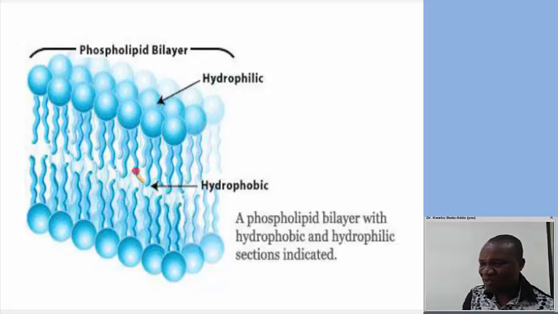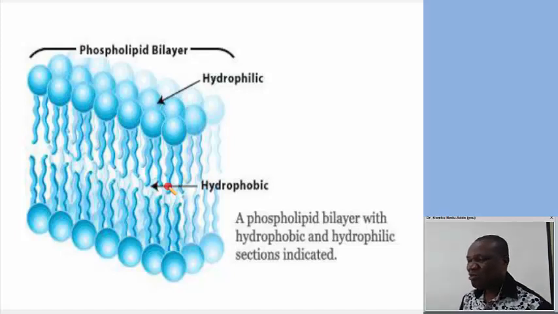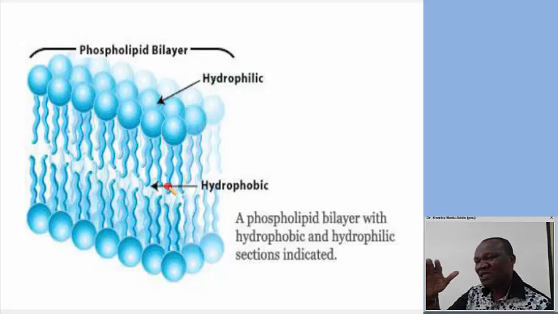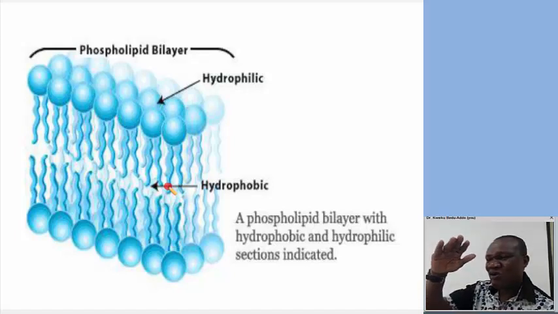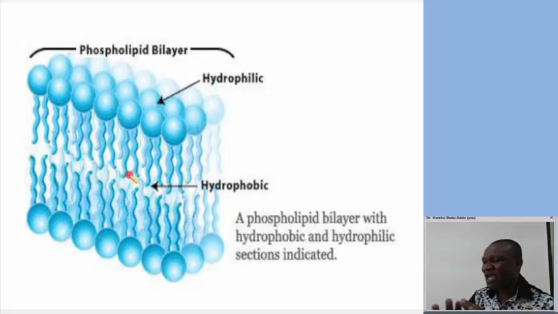The fatty acid tails are hydrophobic. Now, because of this structure, the phospholipids are arranged such that the hydrophobic tails are sandwiched between the hydrophilic heads. So they will form a lipid bilayer.